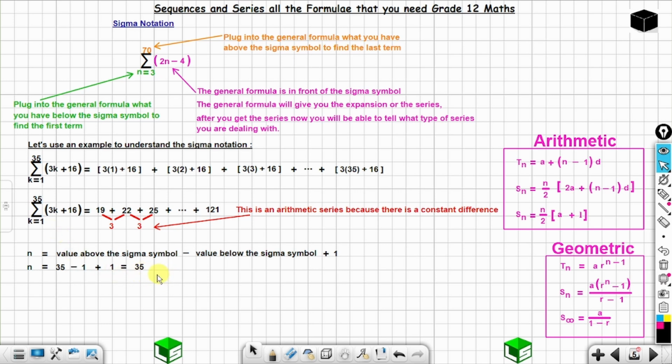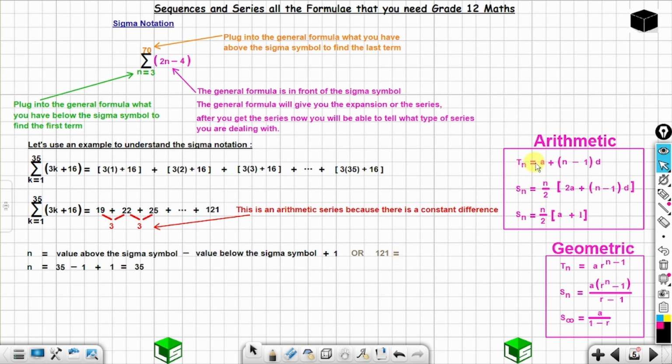You can also find n this way. Since you are dealing with an arithmetic series, you can use this formula to find n. You are going to use the last term to find how many terms you have to calculate the sum for. So let's plug 121 in place of Tn.